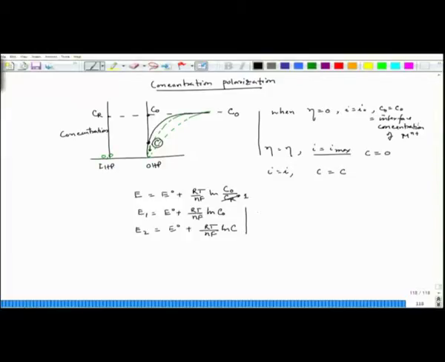So, the overvoltage would be eta equals E 2 minus E 1, and this overvoltage is due to this concentration change of this metal ion. So, I can put it as concentration, or in short I can mention it as concentration, and this is concentration polarization or overvoltage.